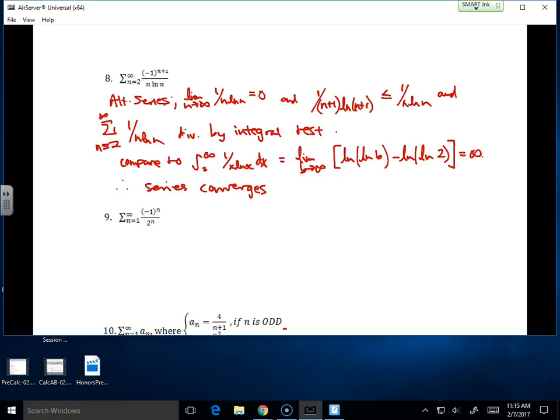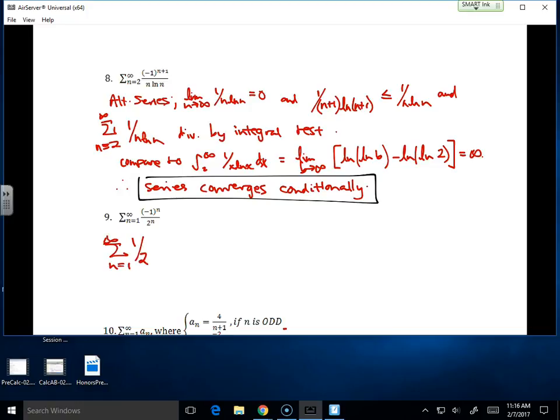Now, number 9's easier. Did you guys already get that? Yeah. What do you see right away? Geometric. So do we even need to worry about the limit? Why not? Can't we go directly to here and say the sum from n equals 1 to infinity of 1 over 2 to the n converges by geometric series since r equals negative 1 half?